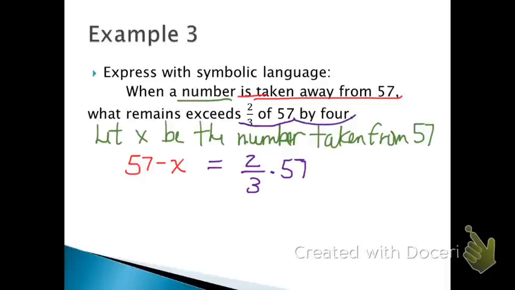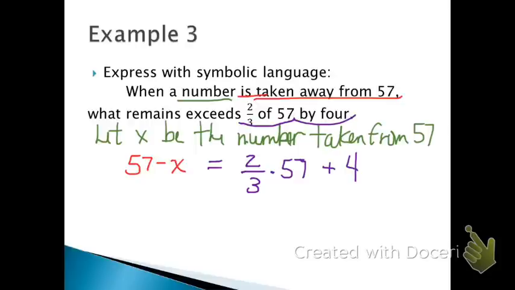We're going to take 2/3 of 57 and add 4 to it. So what remains exceeds 2/3 of 57 by 4. So I add 4 to that, and that gives me that side of the equation. Okay, this is a tricky one. This one's not easy, but you can do it bit by bit.